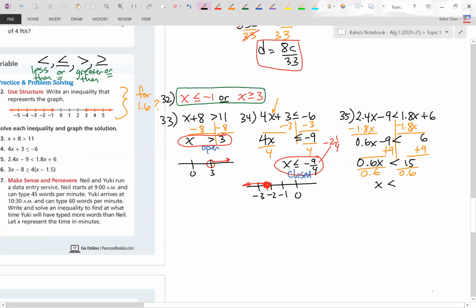There's a trick to this if you don't have a calculator. Move the decimal point 1 over, you get 150 over 6, I'm sorry, 150 over 6. And 6 will go into 150 25 times. Isn't that weird? You can always use a calculator, of course. This, of course, when you graph it, will be an open circle at 25, going to the left.